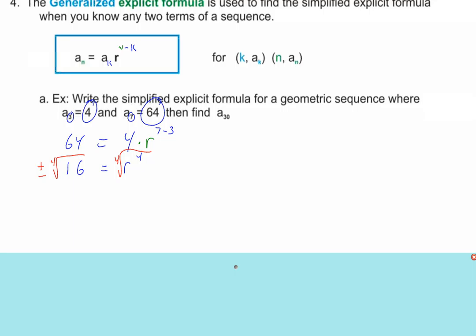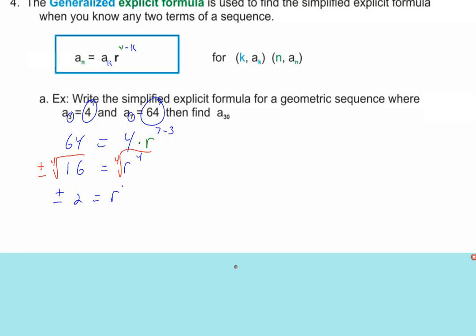Remember, any even root, you got the plus minus aspect. Any odd root, it does not matter. It's just positive. So you finish this thing up, and you get plus or minus 2 equals r.